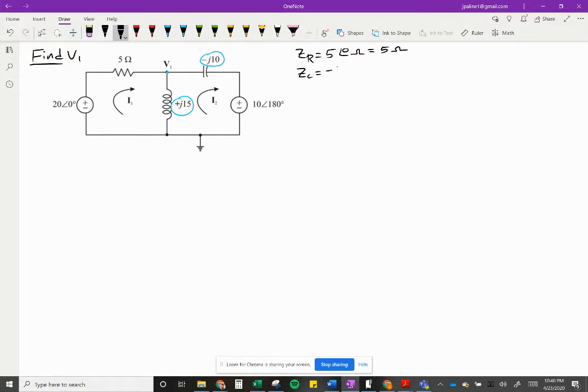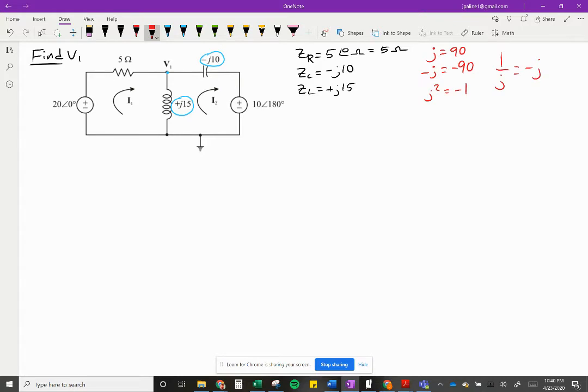So negative J10, and then Z of L is going to be plus J15. A couple things, and I'll throw these up here at the corner. Remember that J is equal to 90 degrees, negative J is equal to negative 90 degrees, J squared is equal to negative 1, and 1 over J is equal to negative J.